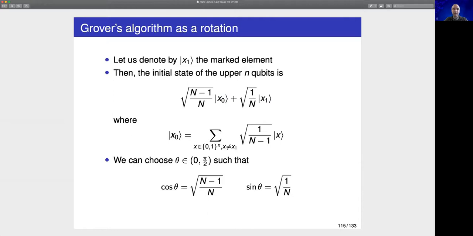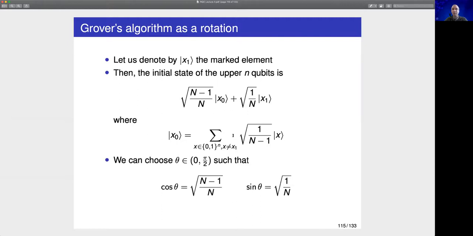Okay, so here this x0 is the uniform superposition of all the elements that are different from the one that we are searching for. Or you can write this in a different way by saying that these are the elements on which f gives the value 0. Okay, and x1 is the only element on which f gives the value 1.